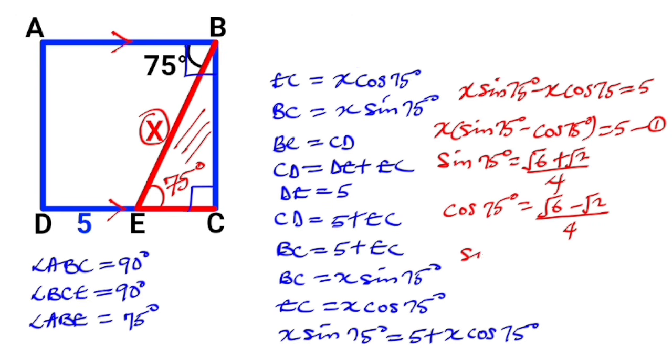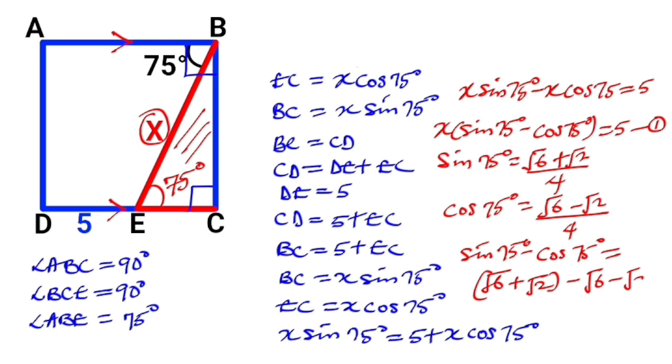The sine of 75 degrees minus the cosine of 75 degrees is equal to the square root of 6 plus square root of 2 minus the square root of 6 minus the square root of 2, all divided by 4.